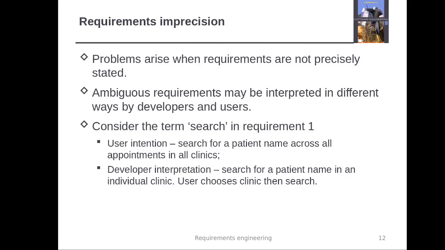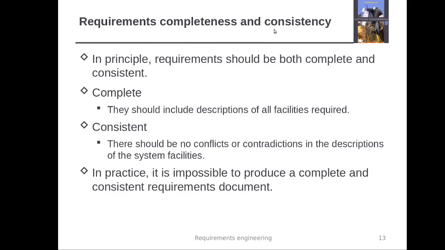Now, in principle, requirements should be both complete and consistent. When do you call it complete? They should include a description of all the facilities required. Consistent means there should be no conflict or contradiction in the description of the system facilities, between the customer and the developers.